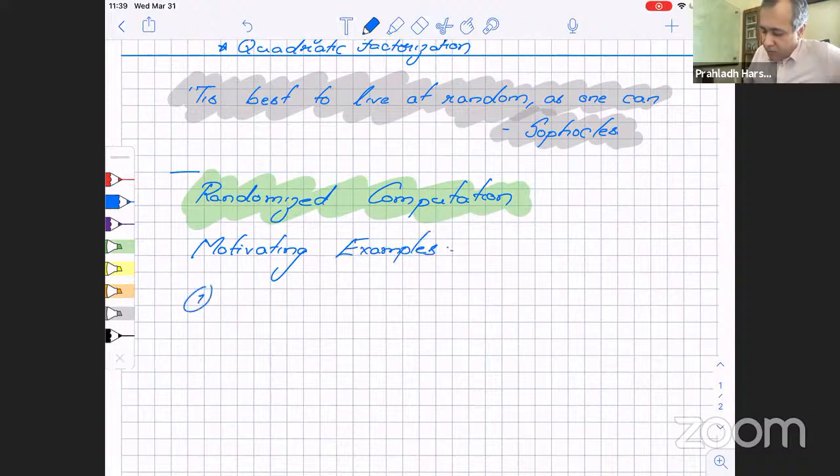The first example which we will do is primality. So we're interested in this class. Let me define it as a language.